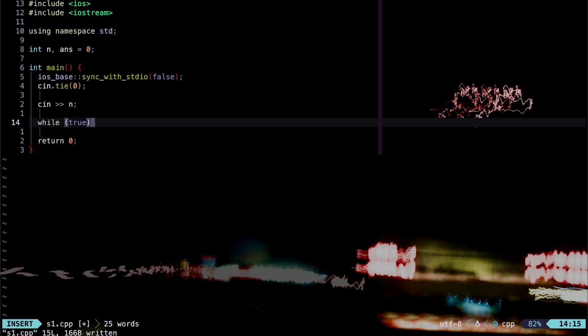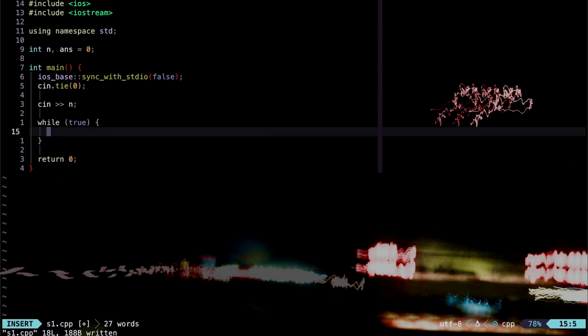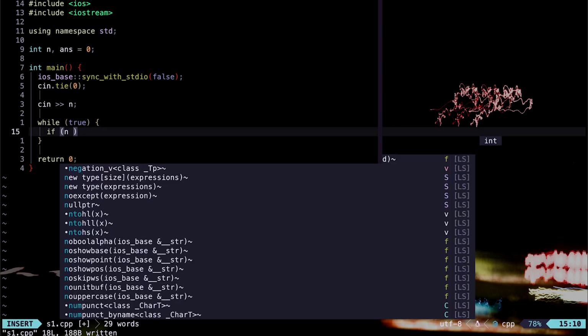And the really simple solution I was thinking of is just checking if the number is divisible by 4, after subtracting. So we have another variable called i, and if n minus i times 5 is divisible by 4, we increase answer, and we just increase i.